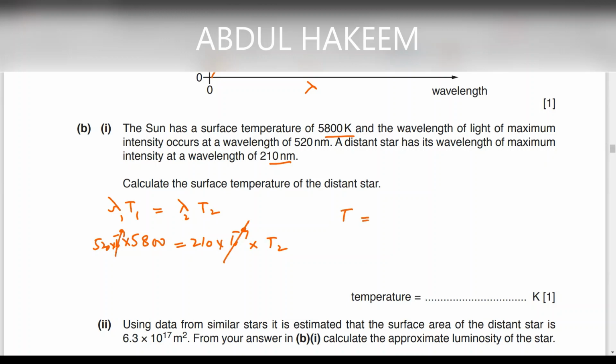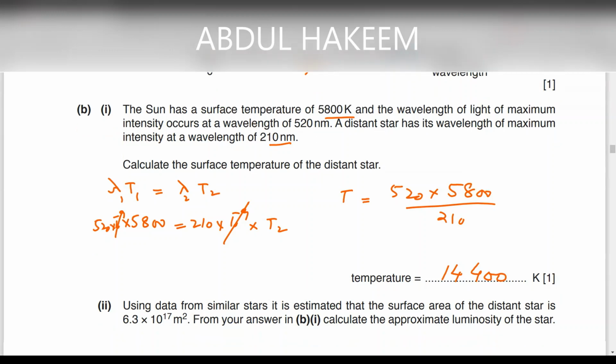So this temperature is equal to 520 times 5800 divided by 210, and after calculation, it is 14,400. Wavelength and temperature are inversely proportional to each other.